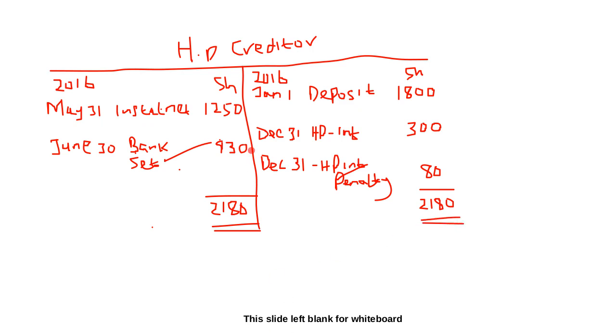So that is the hire purchase creditors account. I want us to move on because for the hire purchase interest account, we already have the figures. We have the interest amount and also the penalty. So we can prepare the next slide.